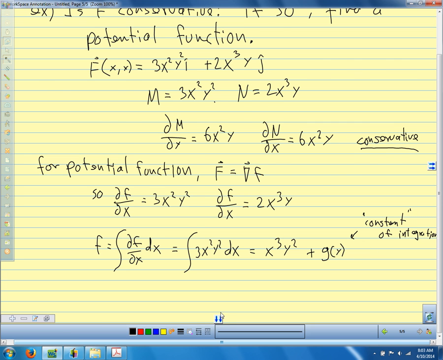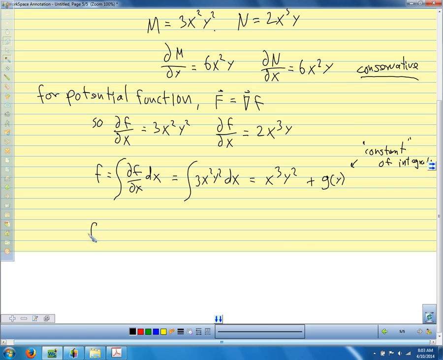And then I'm going to do the same thing for the second partial derivative. I'm going to take the integral of the partial df with respect to y, the integral of 2x to the third y dy.